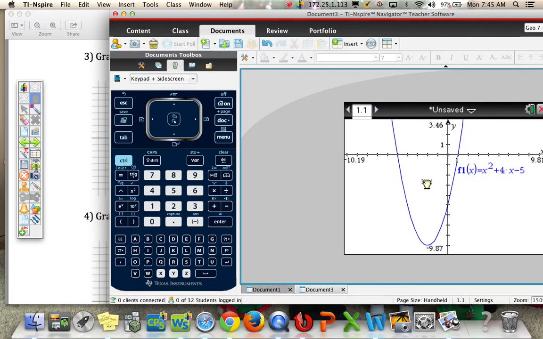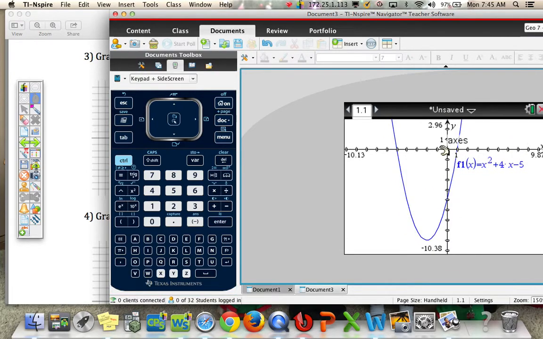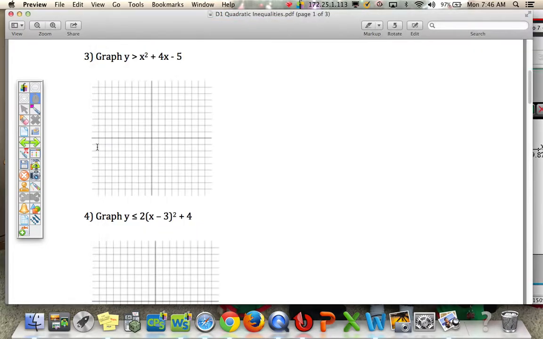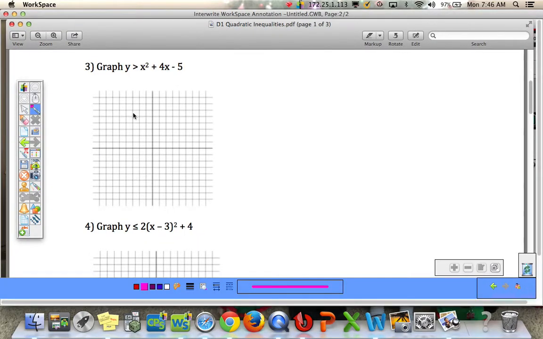We can move the window. We can see the vertex looks like it's 2 over, 9 down. So let's graph that, 2 over, 9 down.